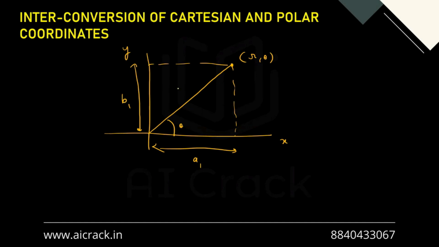I can clearly say that this a1 distance would be nothing but r cos theta, and b1 distance, basically this distance is also b1 because this is a rectangle. b1 would be r sine theta. So this is how we have to interconvert Cartesian into polar or vice versa, right?